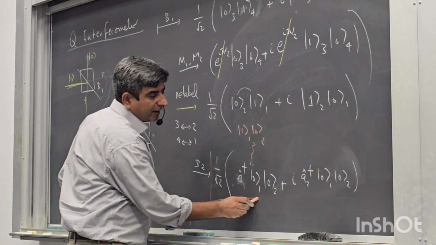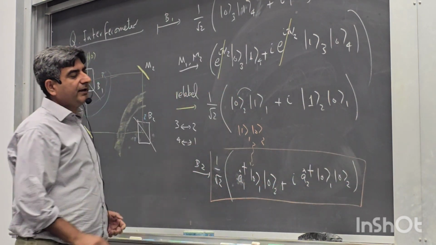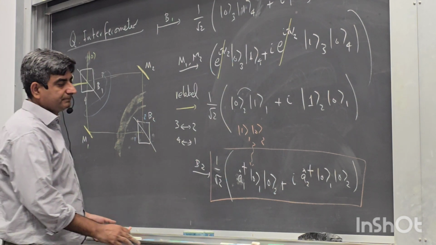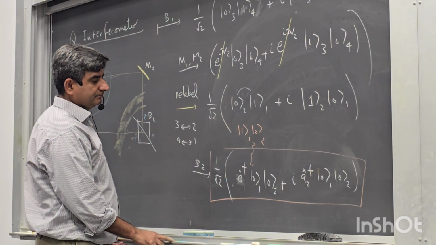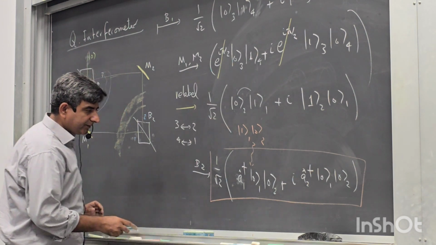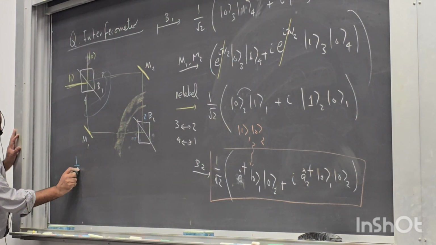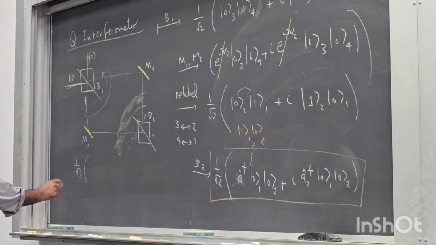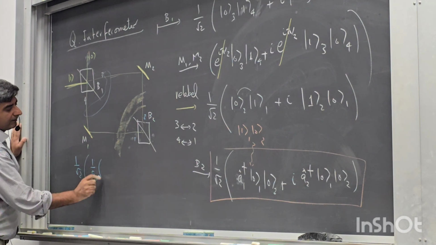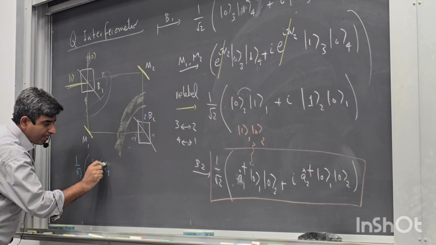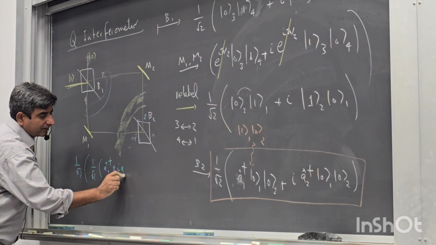So this is my output. Now if I put in the expressions, this really is 1 over root 2 A1 dagger. What is A1 dagger? It's over there. 1 over root 2 A3 dagger plus iota A4 dagger.